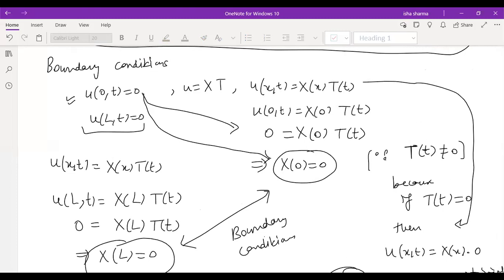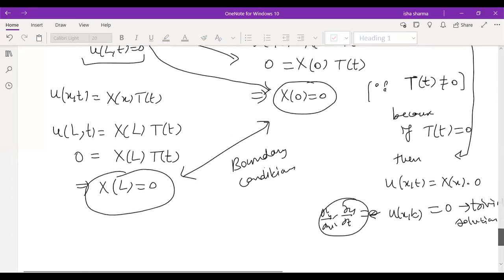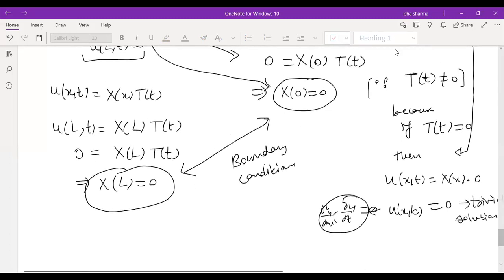So using the definition of u and using this logic that I need to ignore the trivial solution, we used this. Yes. If you want me to explain this trivial solution part again, trivial solution means some things which are just mathematically coming, but physically they are meaningless. So this trivial solution means that temperature is always 0.